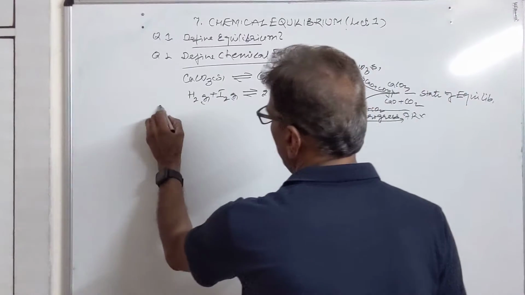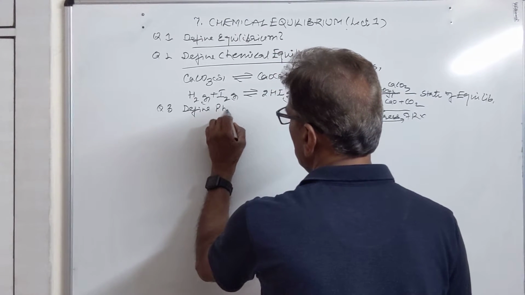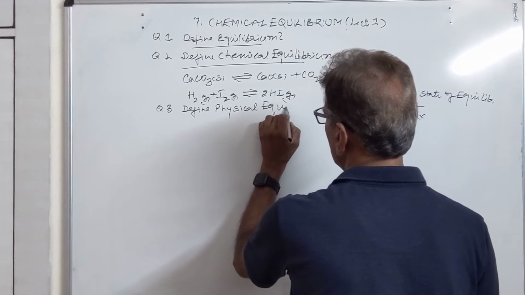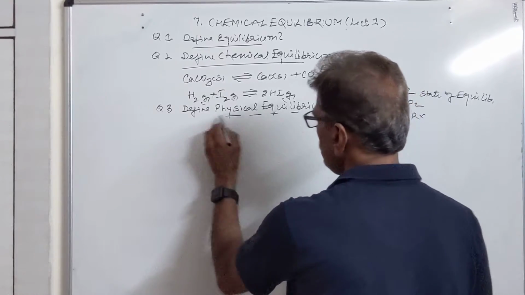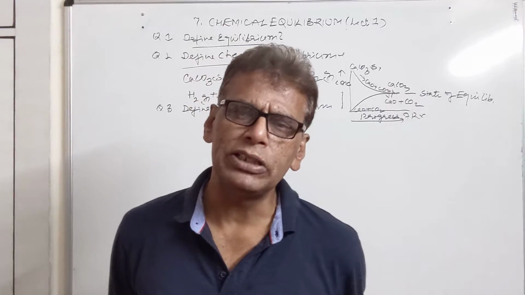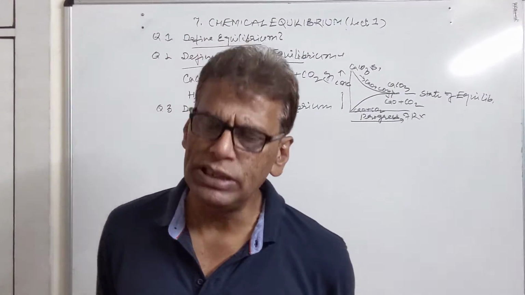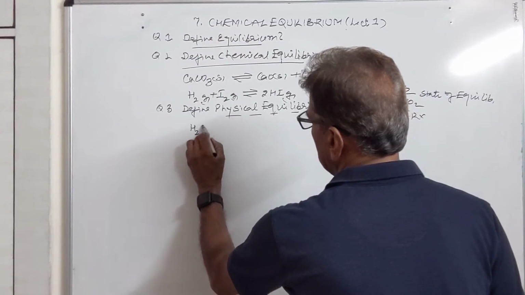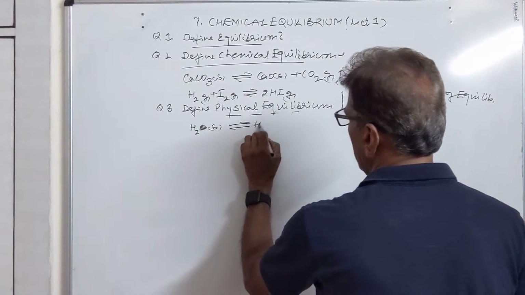Then the third question: define physical equilibrium. The equilibrium obtained in the case of a physical reversible process when it is done in a closed system is called physical equilibrium. For example, we keep ice, H2O solid, in contact with water in a thermos flask.